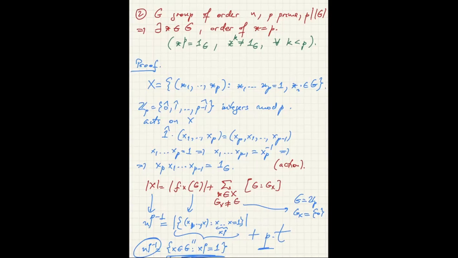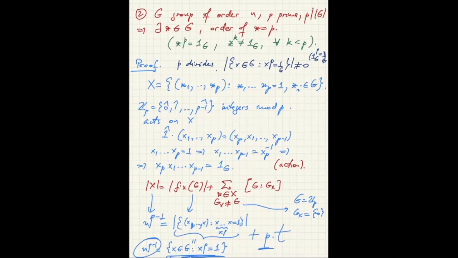So let me write on the top. We'll get that P divides the cardinality of all the elements x in G such that x to the P is 1. Now, this cardinality could be 0, but it's not going to be 0 because this number is non-zero, because the element 1G to the power P gives us 1G. So this is 1G here.